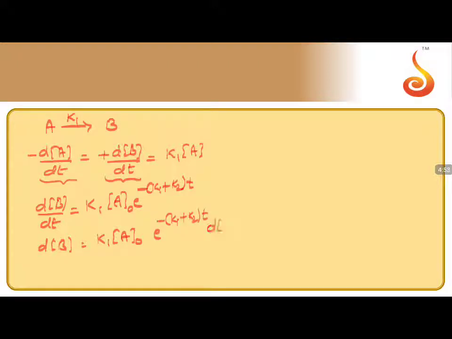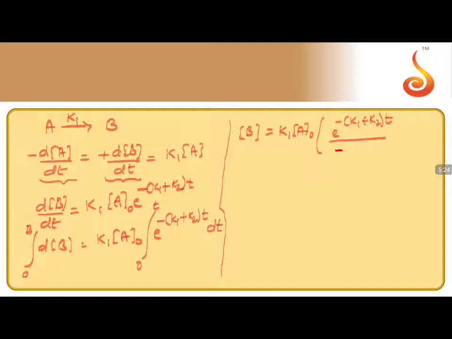into dt. Integrating on both sides, taking the limits from 0 to B, because at time t equal to 0, B is 0, so 0 to t. We will get B equals K1 A naught into e power minus of K1 plus K2 into t, divided by minus of K1 plus K2, with the limit 0 to t.